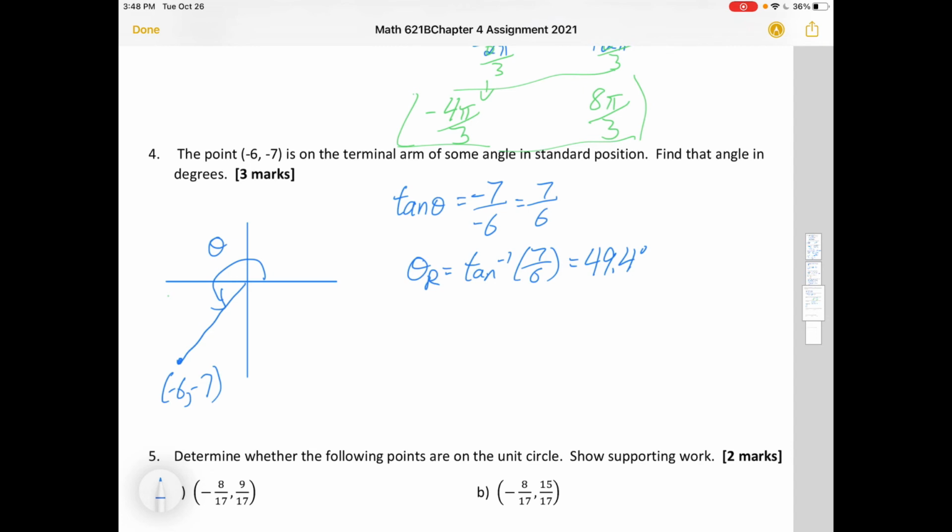But that just tells you this reference angle is 49.4 degrees. The angle itself in standard position has to be 180 plus that 49.4 degrees, because we're measuring right here from the positive x-axis, so 180 and another 49.4. Giving us a final answer of 229.4 degrees.